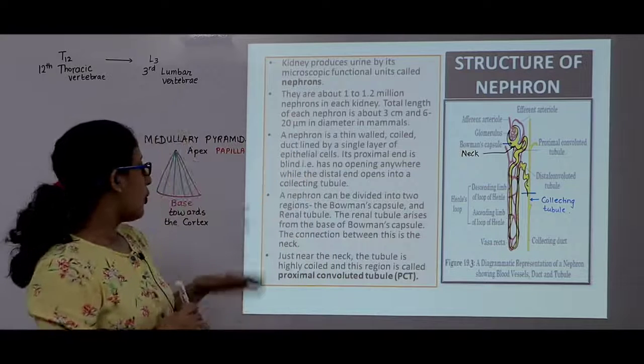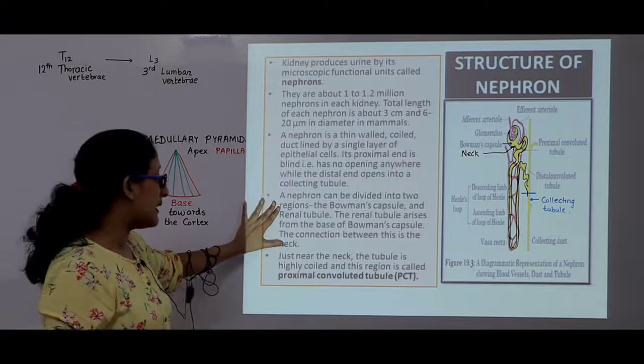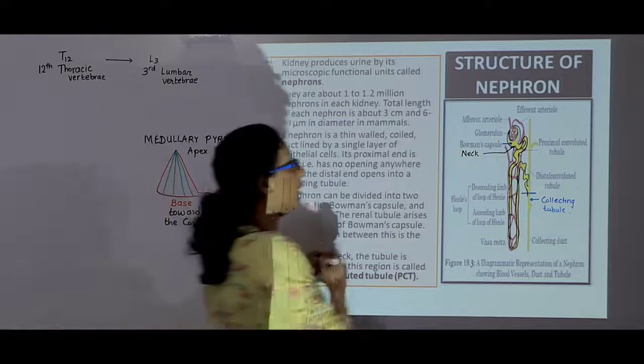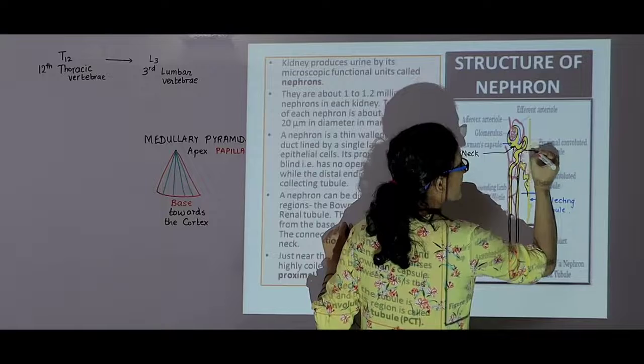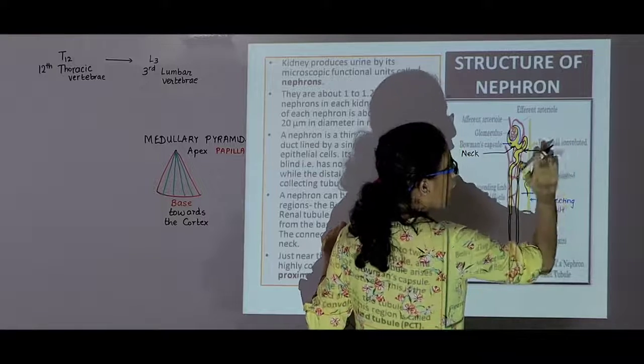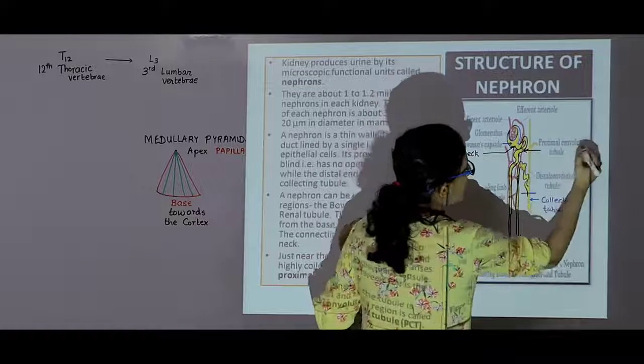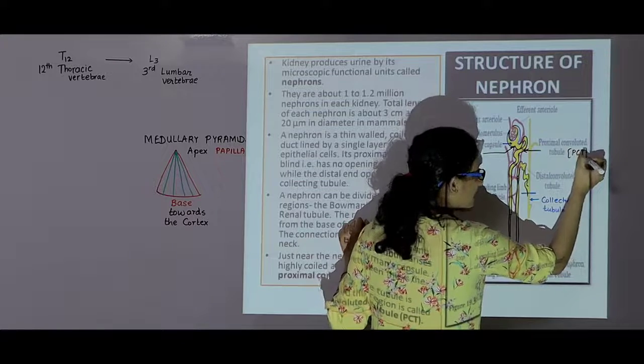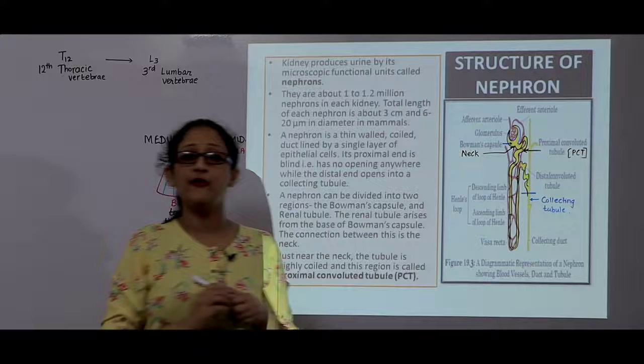Now what are the different parts of the renal tubule? The first part of the renal tubule is your proximal convoluted tubule. It is known as PCT. This is an accepted short form for it.